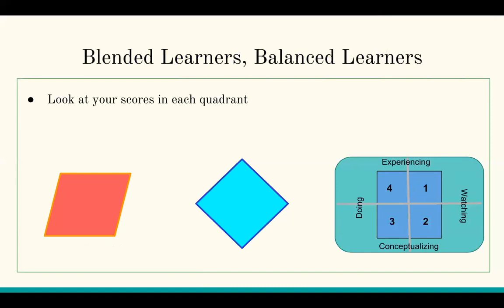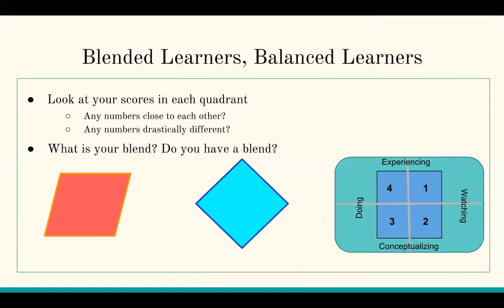So look at your scores in each quadrant there. Look at how any of the numbers may be close to each other or drastically different, and look at your blend. Consider what kinds of learning environments and assignments you really enjoy, and see how that works for you. What is true and what is not true for you.